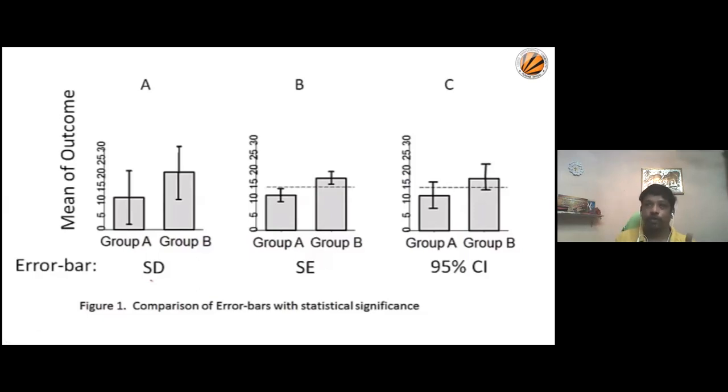If you calculate your confidence interval, for a 95% confidence interval it is 1.96 times your standard error, plus or minus. That is, standard deviation divided by root n. So we must use two standard errors.